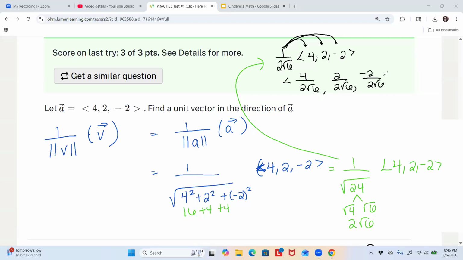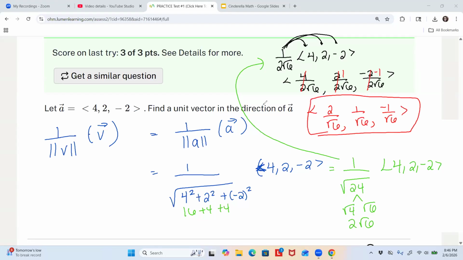And now let's just simplify. This is about to be the final answer here. 4 divided by 2 is 2 over root 6. 2 divided by 2 would just be 1 over root 6. And this would be negative 1 over root 6. That is the unit vector in the same direction as A.